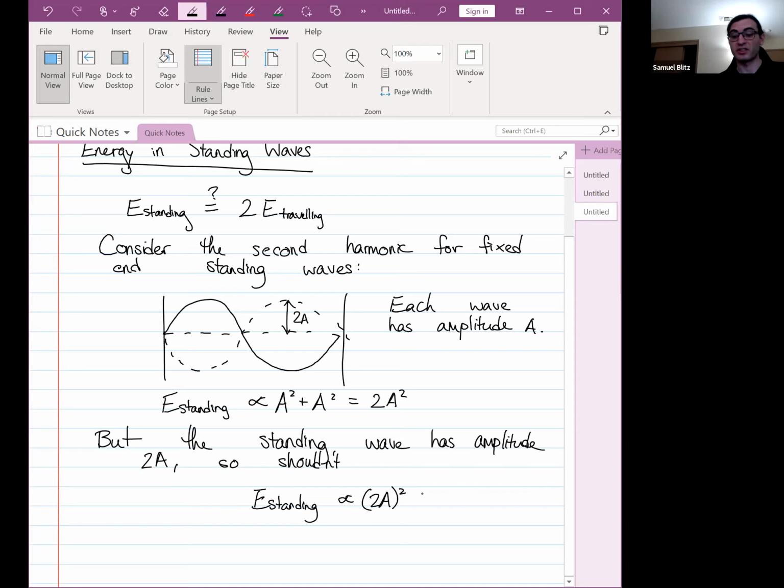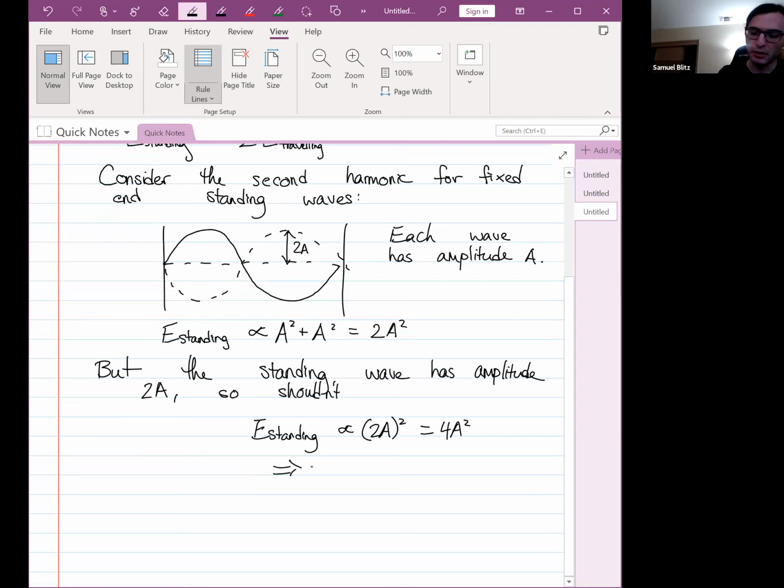That would give 4A squared, which would imply that the energy in the standing wave is 4 times the energy of the constituent waves.